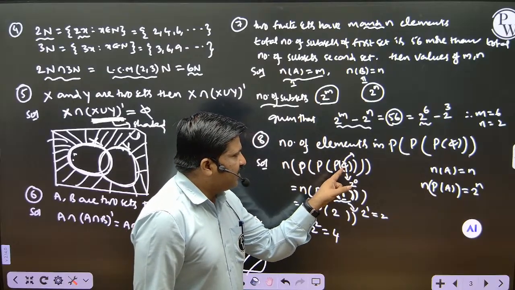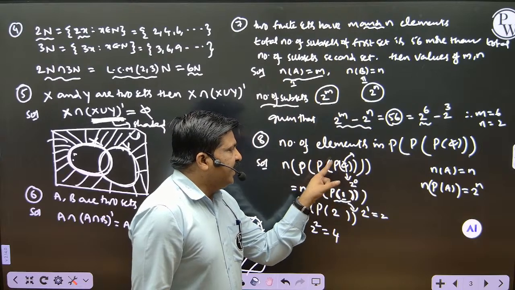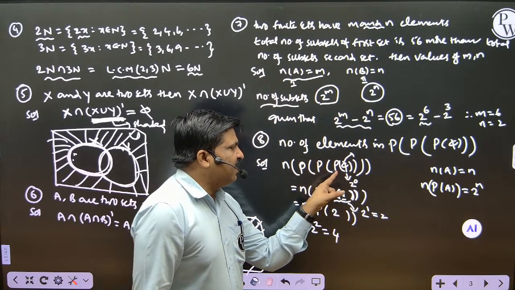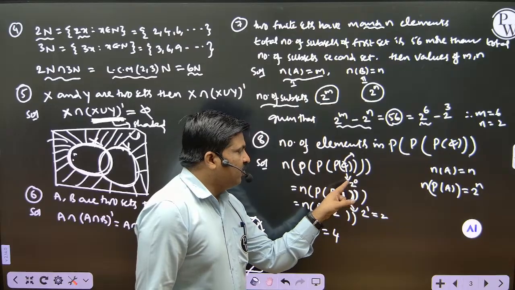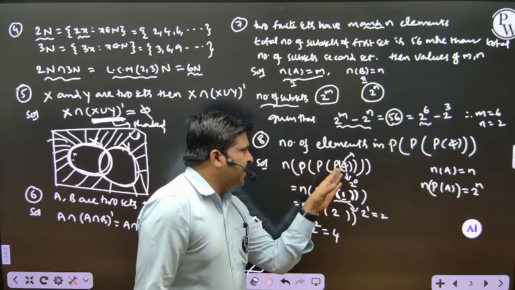This is the set having 0 elements. That's why the number of elements in the power set is 2 power 0, which is 1. So this 1 is carried to the next one.